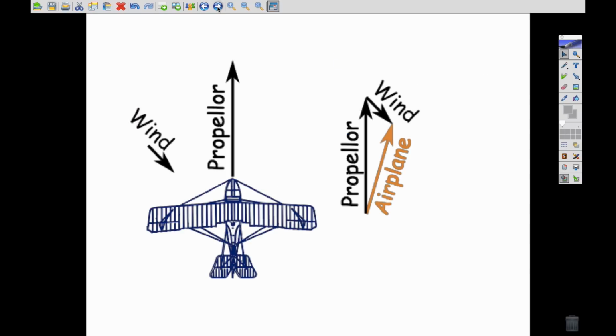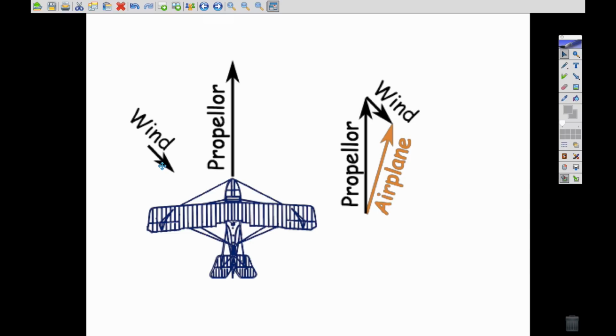So again, here's a way to conceptualize why these are helpful to us. If we have a plane headed, let's say due north, this vector represents the direction it's headed as well as, in this case, the speed. The magnitude would be like the speed. And then the wind is coming from this direction and it has a much smaller magnitude.